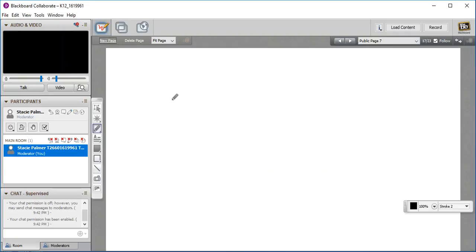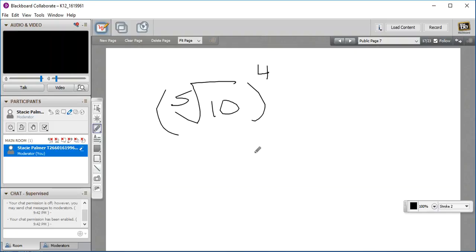What if we have the 5th root of 10 raised to the 4th? Okay, and we want to rewrite this using a rational exponent. This would become 10 to the 4/5 power. Okay, so just to always remember, your root is the bottom number of your fraction, and the exponent is the top number of your fraction.